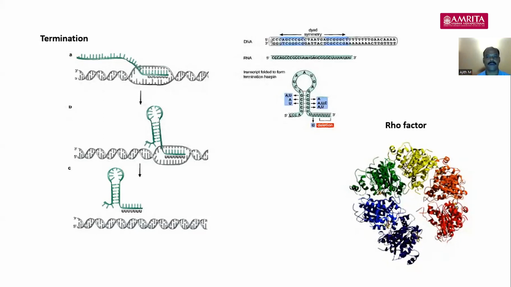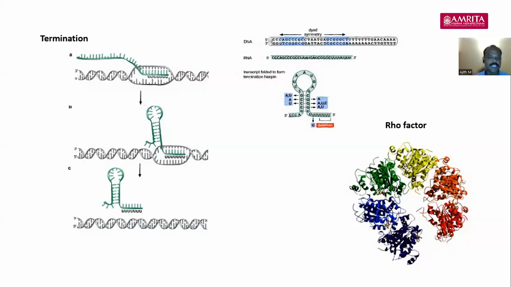Rho is a protein. But there is another mechanism which doesn't depend on Rho. It is called Rho-independent termination. That's a beautiful mechanism. What I told you, the knack is in pulling the RNA out from the channel. I already introduced you to the channels. Pulling out the newly synthesized RNA molecule from the channel is what termination is all about.